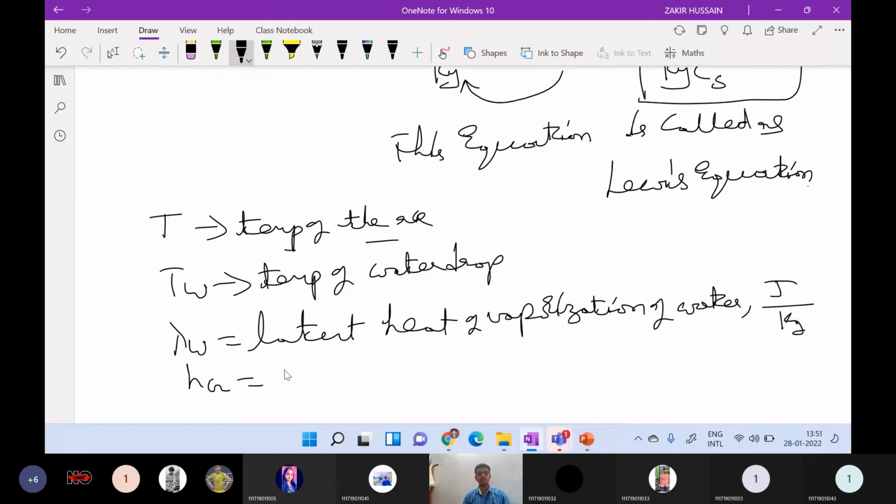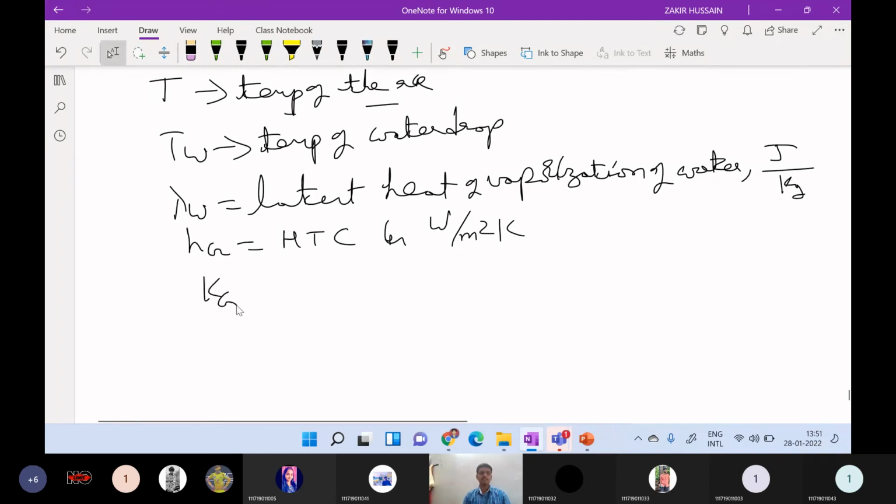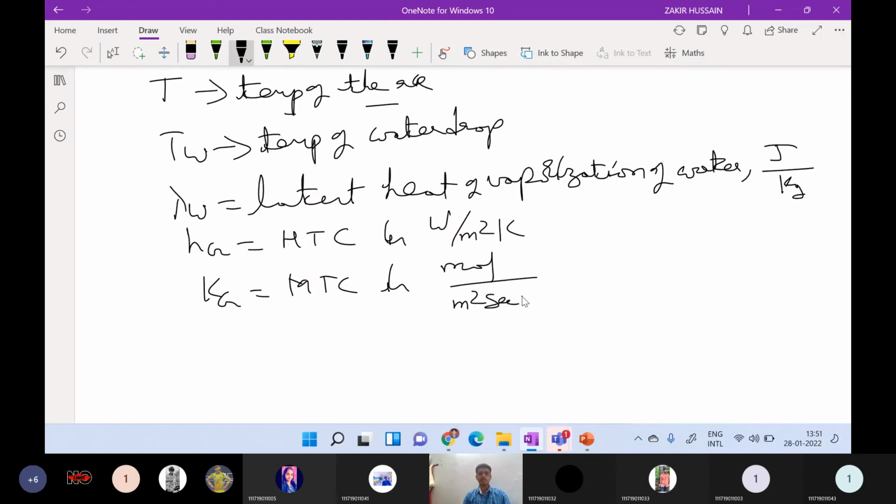Hg is the heat transfer coefficient, measured in watt per meter square Kelvin. Kg is the mass transfer coefficient, measured in moles per meter square second into Pascal.